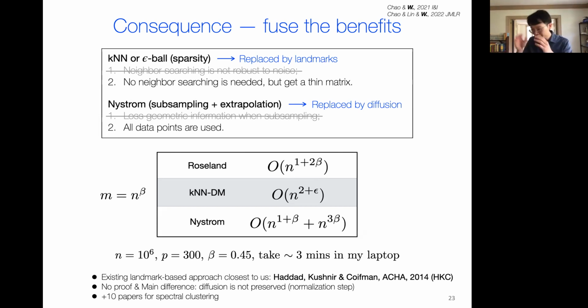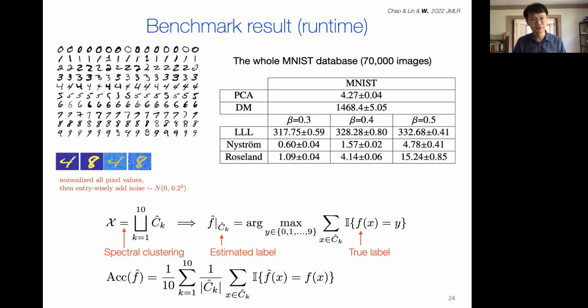This kind of landmark idea has been applied in many places to speed up spectral clustering. So we don't claim that we are the first group to consider the landmark idea, but to our knowledge, we are the first to use the landmark to respect diffusion structure, and we prove a sequence of results.